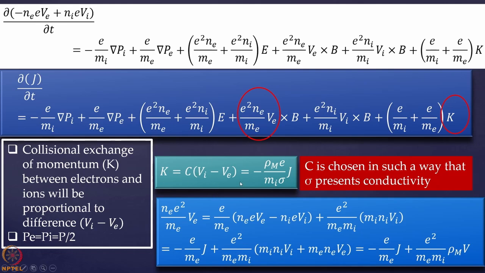If you are maintaining a constant velocity between you two, you are moving with one speed and your friend is also moving at the same speed, then this V_i minus V_e is 0 and you will never be able to catch each other and impart momentum.